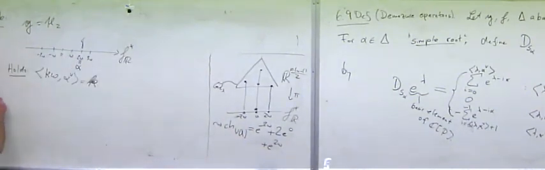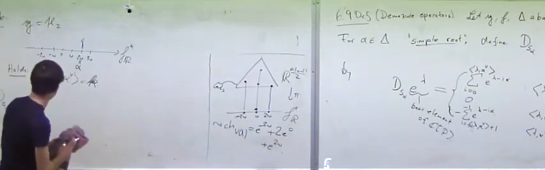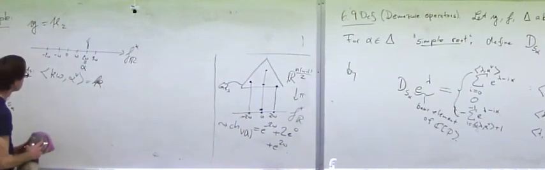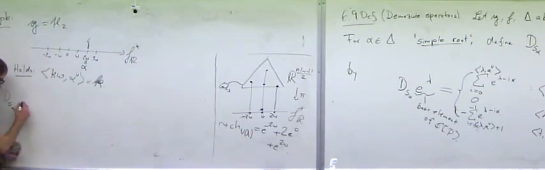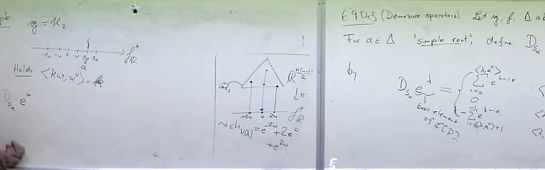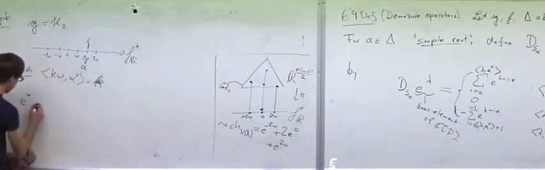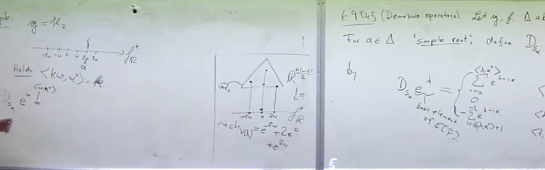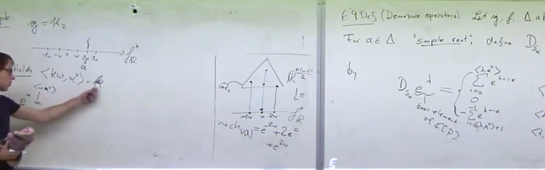So what is D_alpha, say, evaluated at e to the omega? I have to calculate omega alpha check, which is according to this rule k.